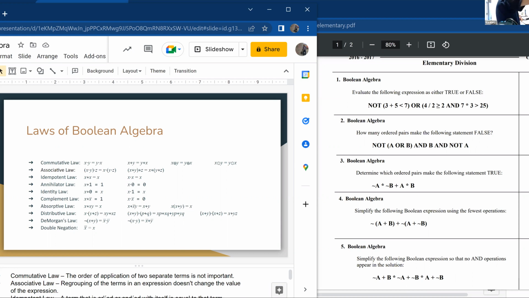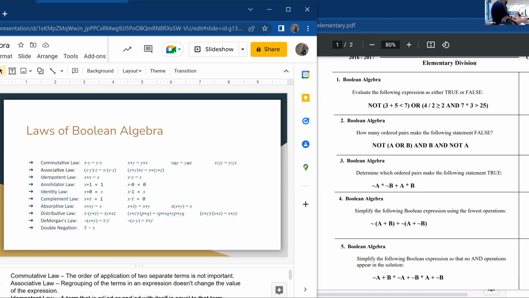Does that make sense? Yeah. 8 less than 7 is false. Not false is true. Don't overthink it, because these things are supposed to be simple, logical. Boolean algebra is all about logic.